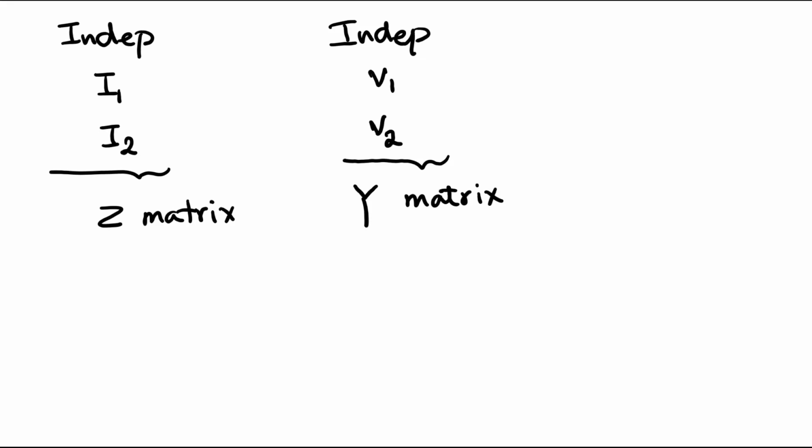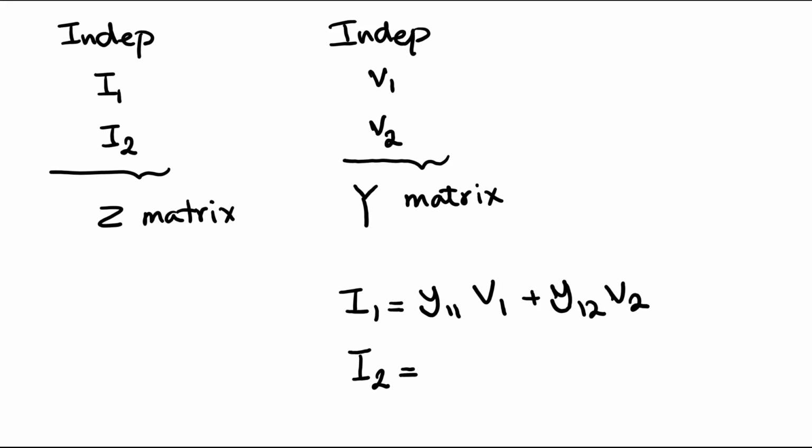Now in this lecture, I want to focus on Y matrix, which has V1 and V2 as independent parameter, and I1 and I2 are the dependent parameter. So my equation looks like this. I have I1 as Y11 V1 plus Y12 multiplied by V2, and then my other dependent parameter, which is I2, can be described based on V1 and V2 as well.